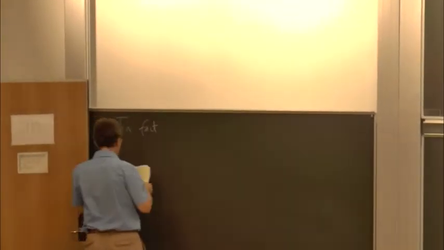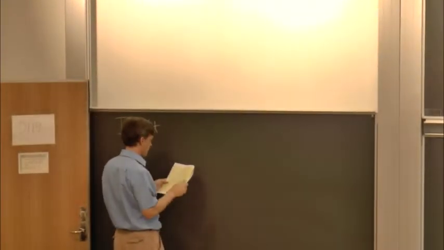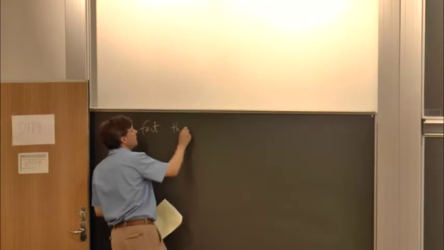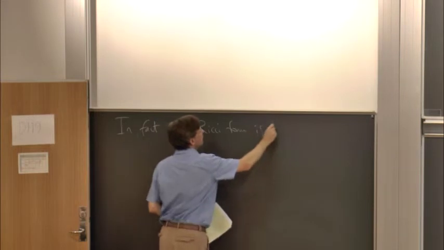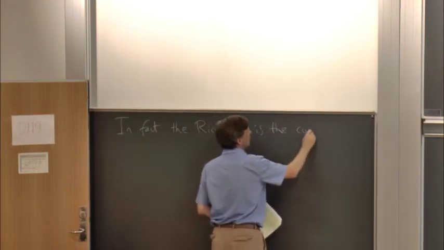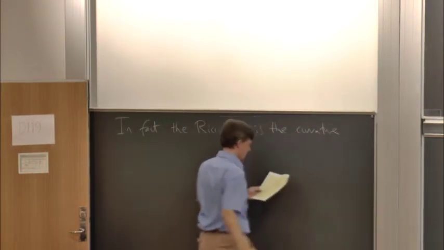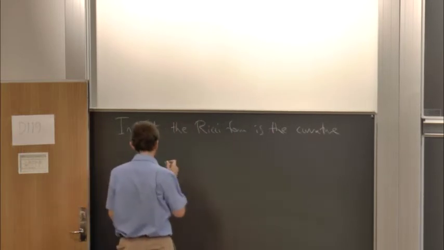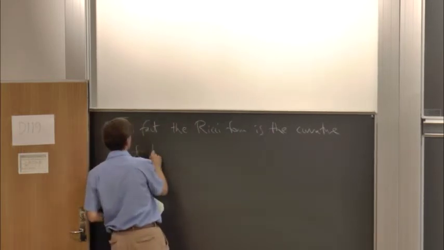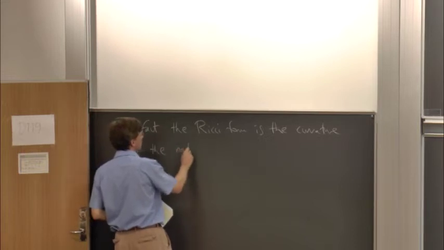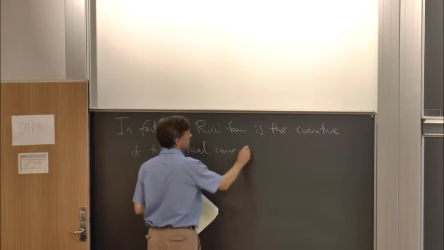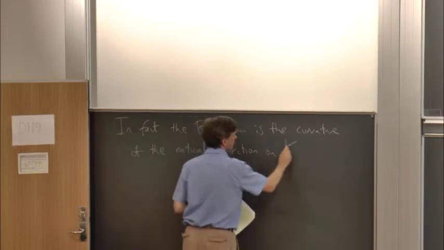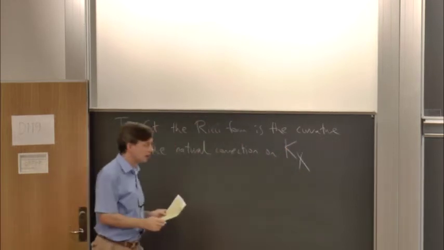In fact, the Ricci form is the curvature of the natural connection on K_X, possibly up to sign.